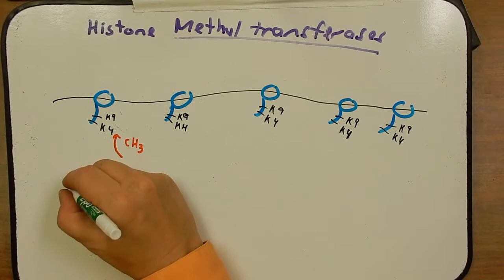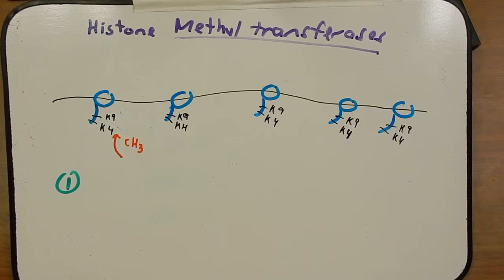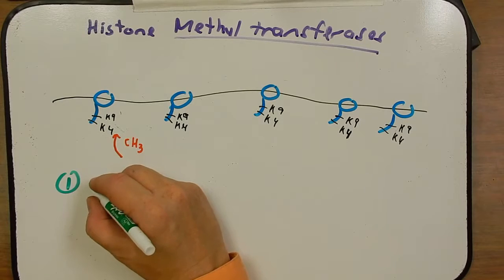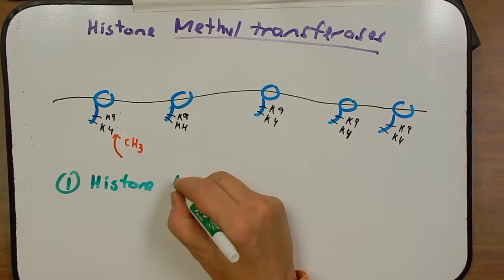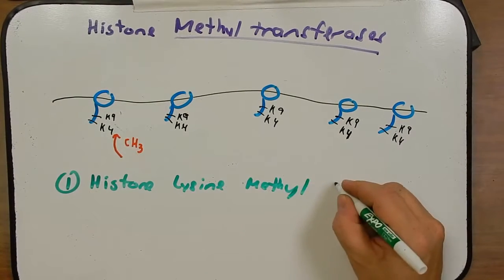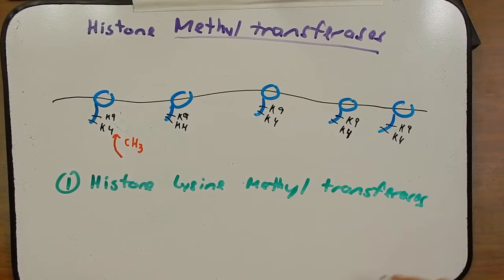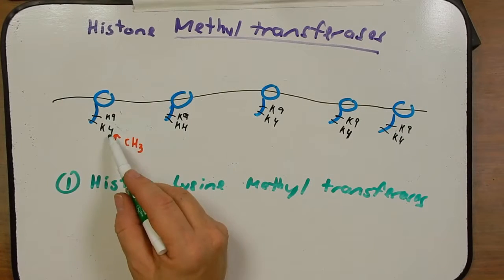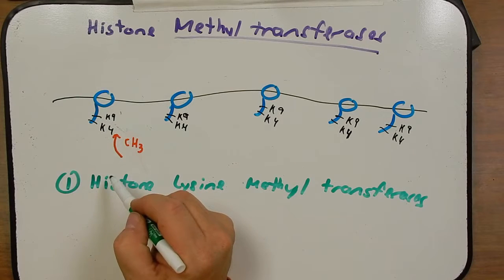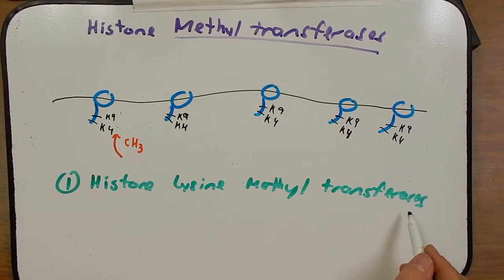Now I say lysines because that is one of the major methyltransferases. So let me list just real quick the 2 kinds of methyltransferases. The first are the histone lysine methyltransferases. And all this time that we've been talking about methylating these lysines, we've been talking about this class of enzymes.